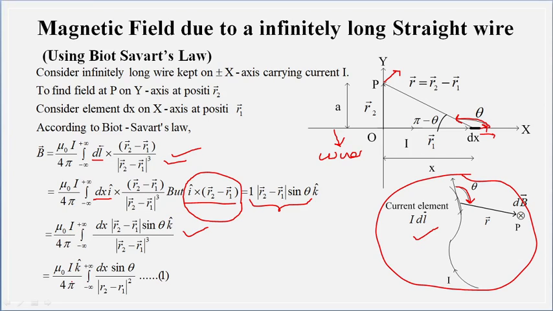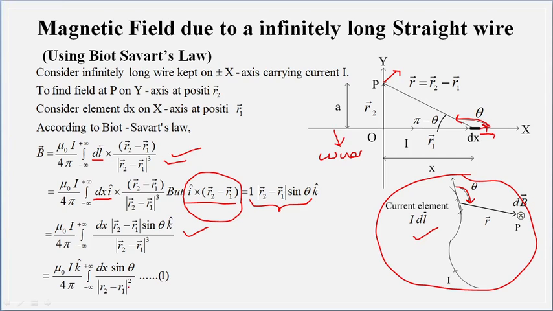So mu naught I k cap divided by 4 pi, integral from minus infinity to plus infinity, because you have to add the magnetic field due to each element from minus infinity to plus infinity, because the wire is infinitely long. So what remains is dx sin theta divided by modulus of vector r2 minus vector r1 whole squared.